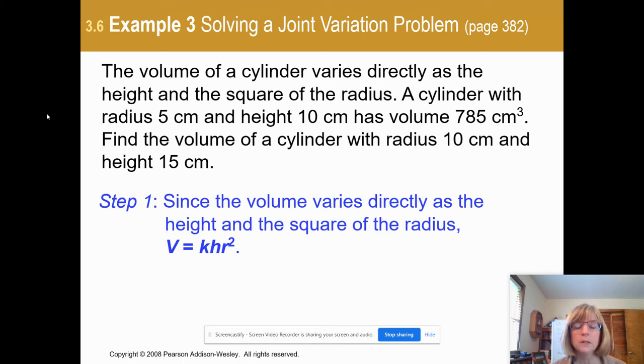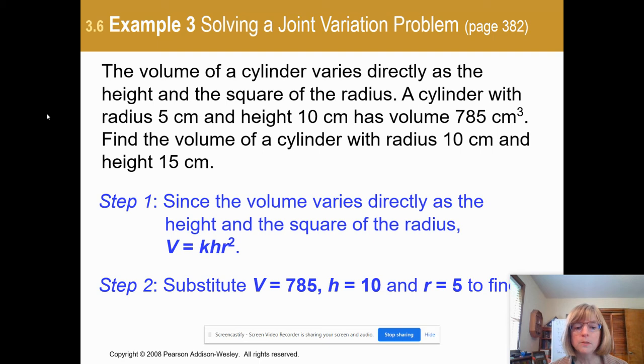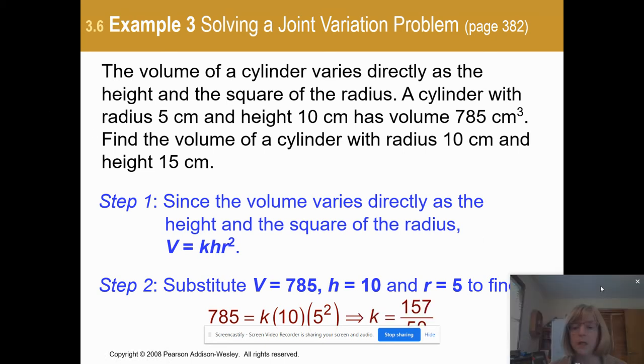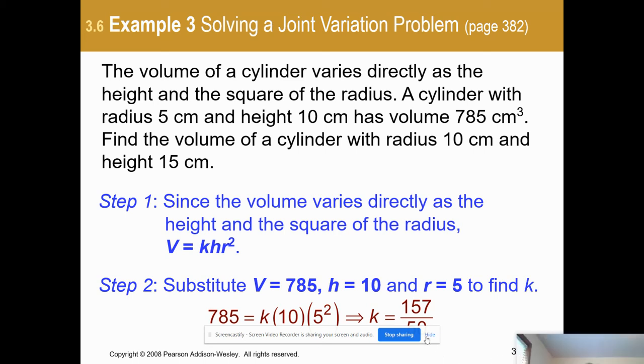So now we use the next sentence to find our value for K, substituting 785 for V, 10 for H, and 5 for R, we get a value for K of 157 over 50. And we'll keep that as a fraction because it's more accurate than a decimal would be, because what you would see is a decimal that you would want to round.